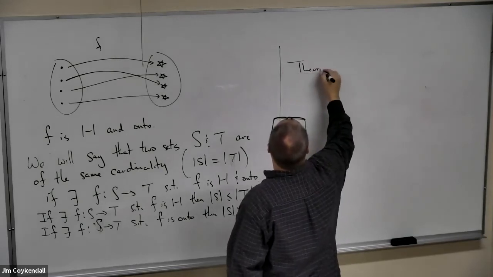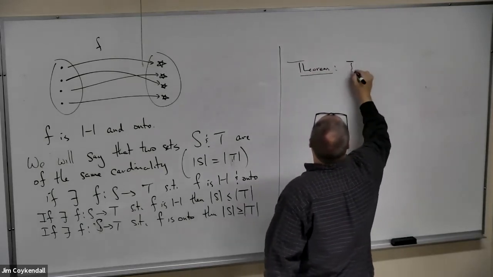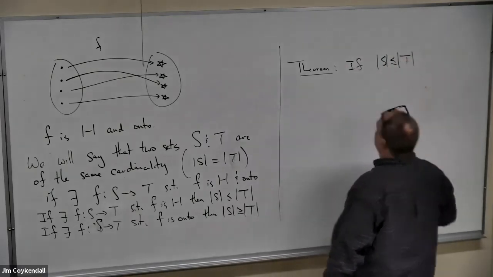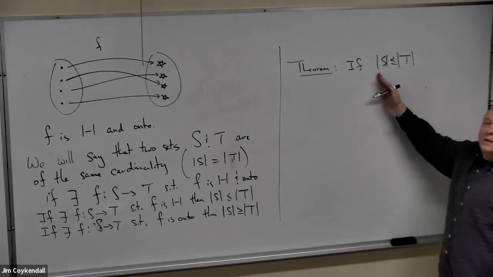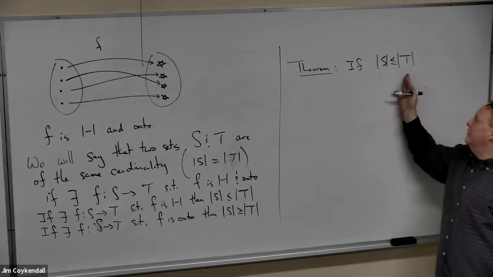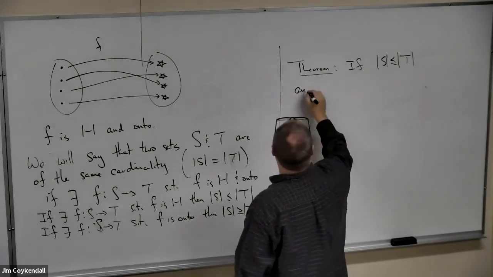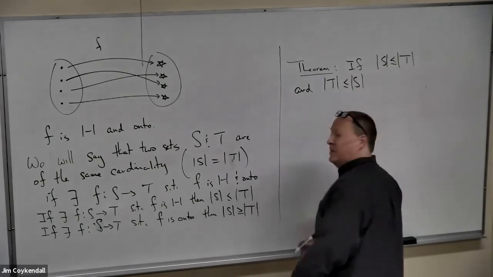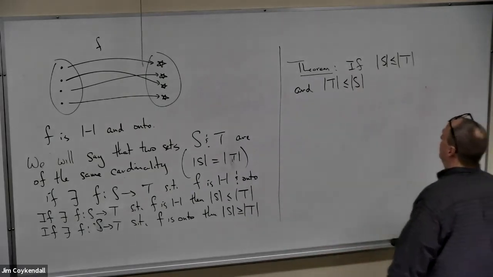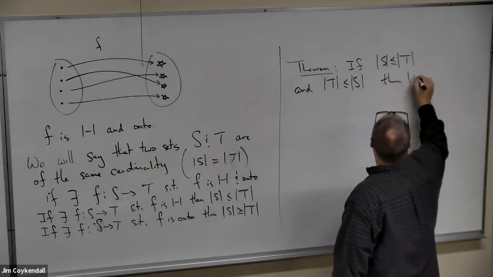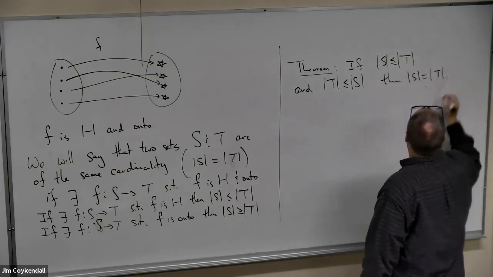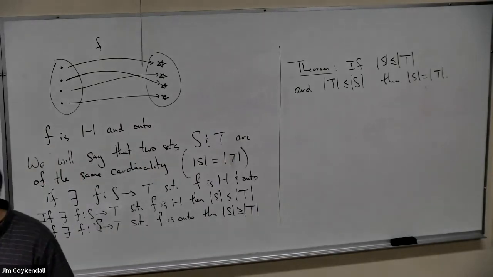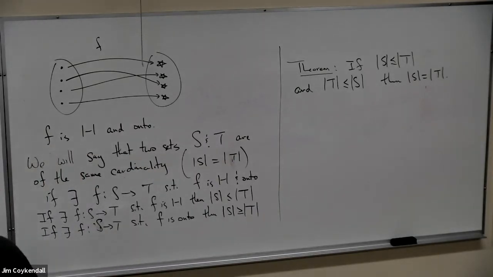We won't prove this, but if there's a one-to-one function that goes from S to T, even if this is an infinite set, and there's a one-to-one function that goes from T to S as well, maybe a different function, then the sets have the same size. So it turns out there's a one-to-one and onto function, perhaps a different one.